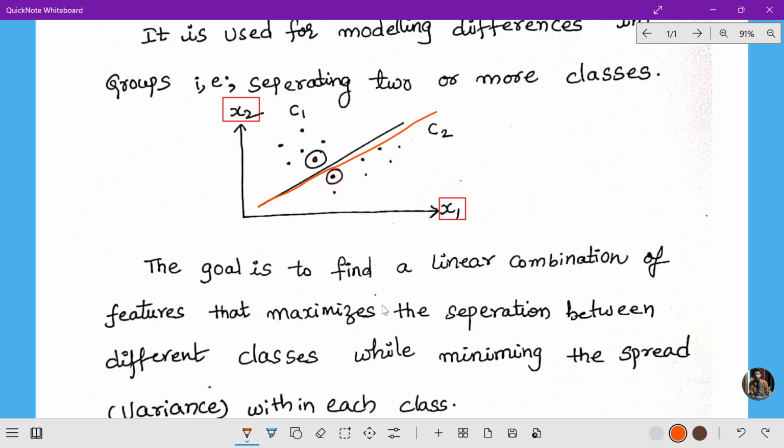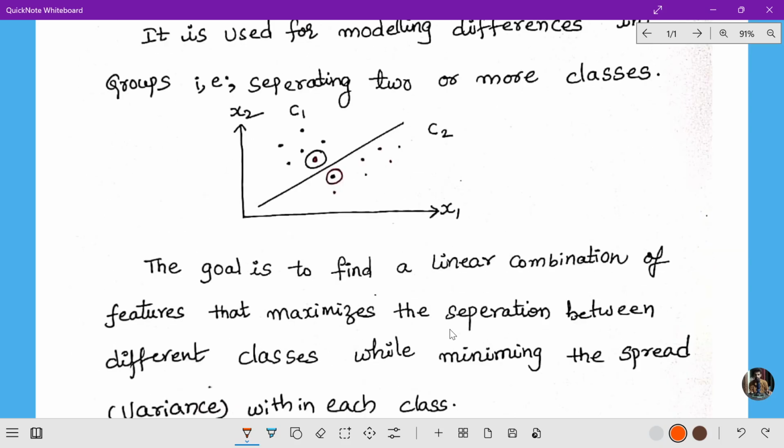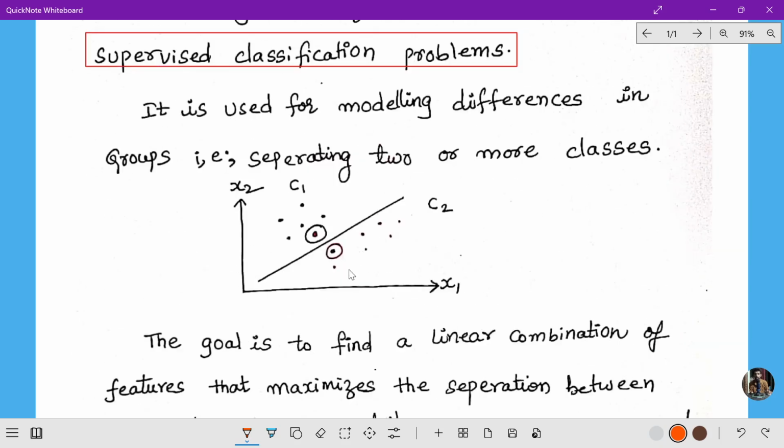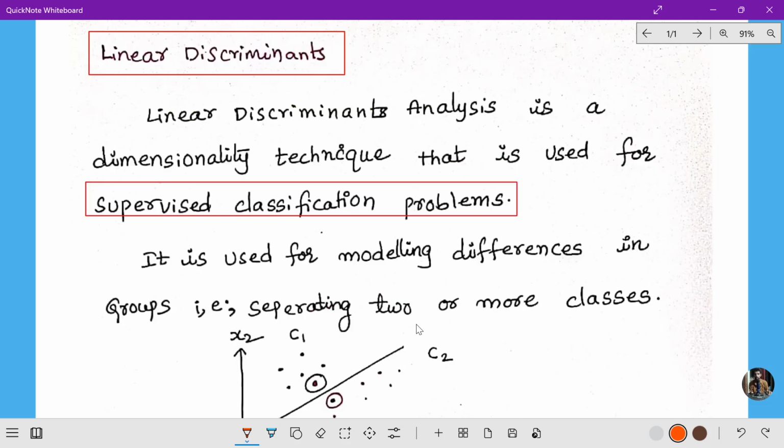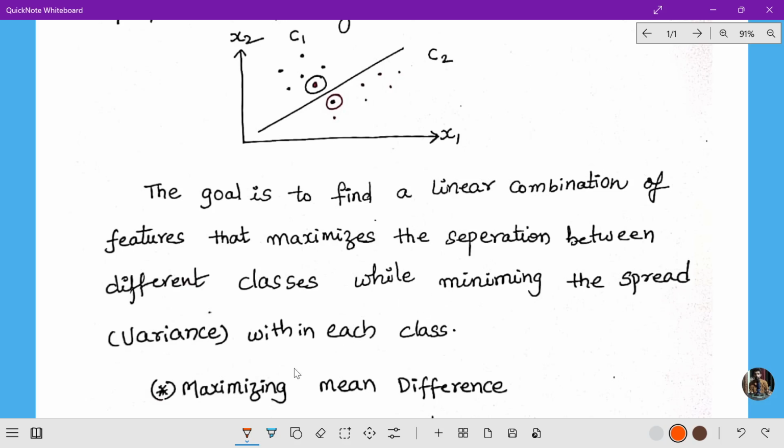The goal is to find a linear combination of features that maximizes the separation between different classes while minimizing the spread within each class. Okay. So in the linear combination of features, in linear discriminants, we are going to maximize the separation between different classes and minimize the spread.